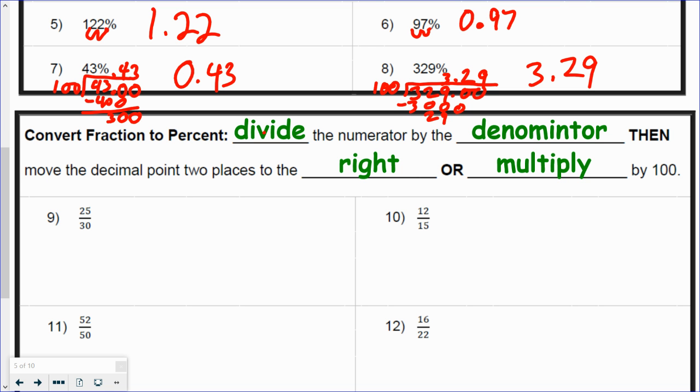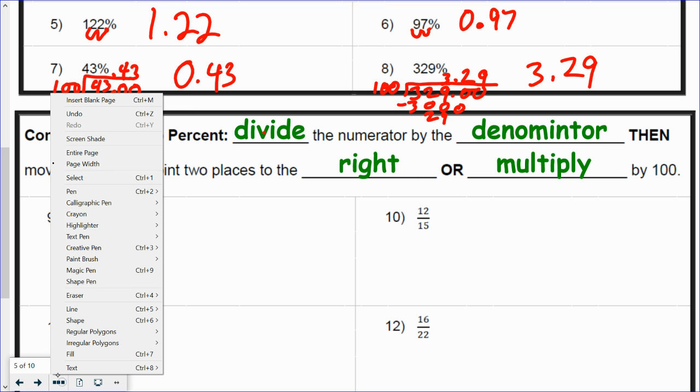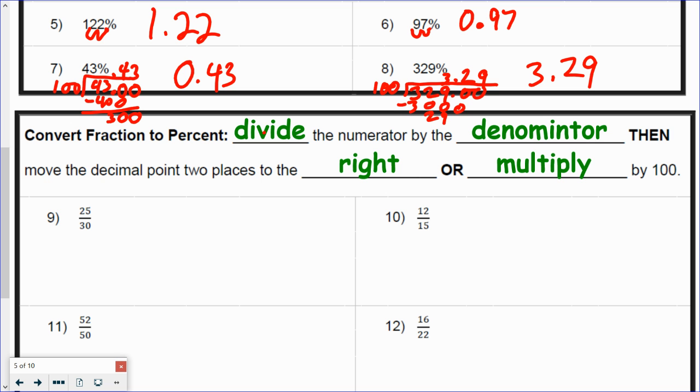Okay. So all of these, we have to do some division. So let's do that. I'm going to switch to my purple. All right, remember the top number goes in the box. We're dividing it by the bottom number. Might as well go ahead and put your decimal. Add some zeros. Okay. So then look, can 30 go into 25? No, it can't go into that.